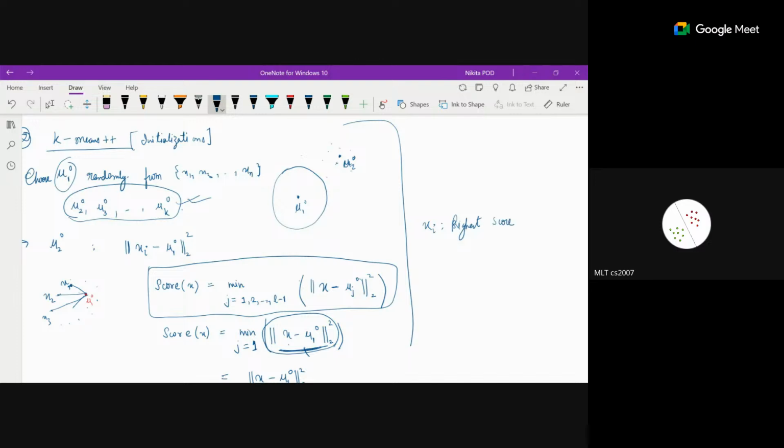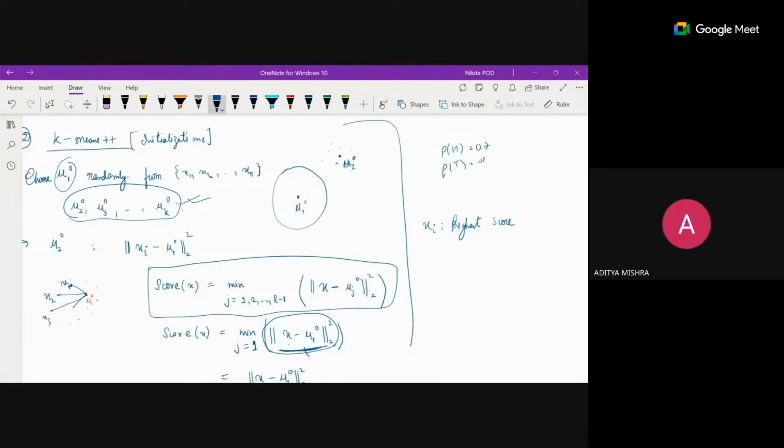Then the probability with which this data point will be selected as the second cluster mean will be highest, but that does not imply that this data point will be selected. Just like the coin example I gave, where the probability of head was 0.7 and the probability of tail was the rest.